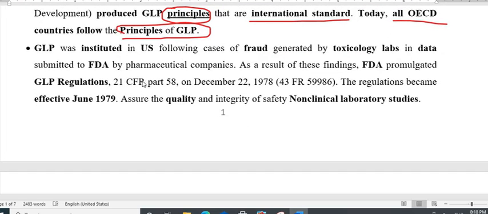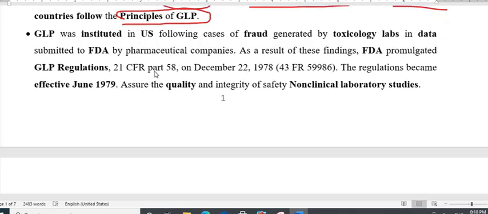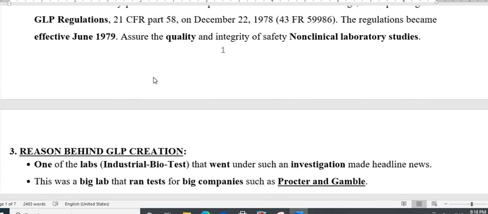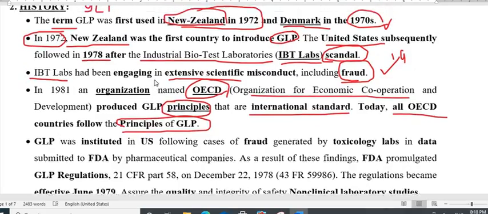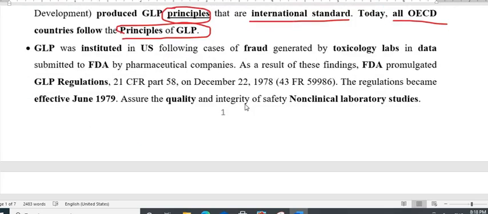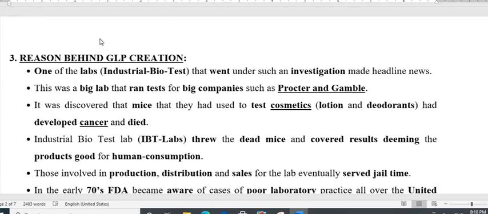Now we are going to discuss what problem happened in the United States with the IBT lab, that is, the reason behind the GLP creation. Actually, why was GLP created, particularly concerning the United States?